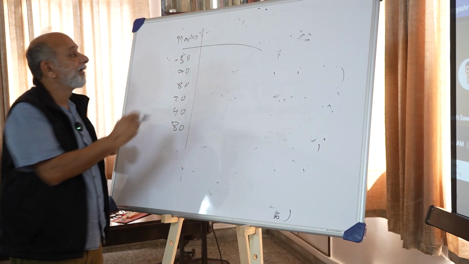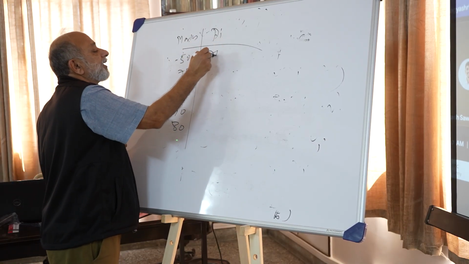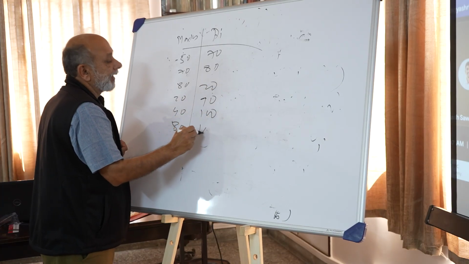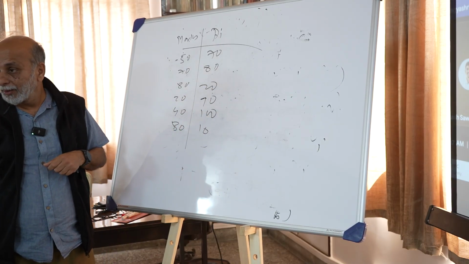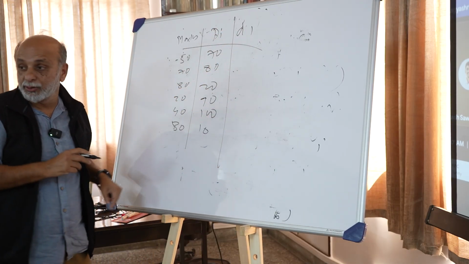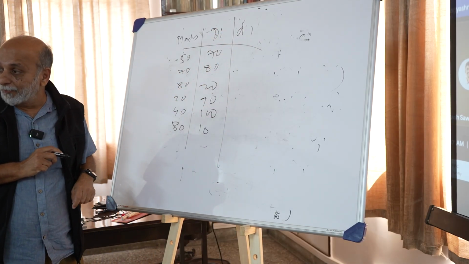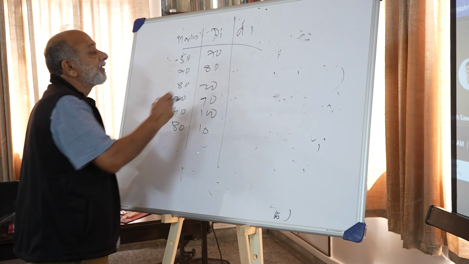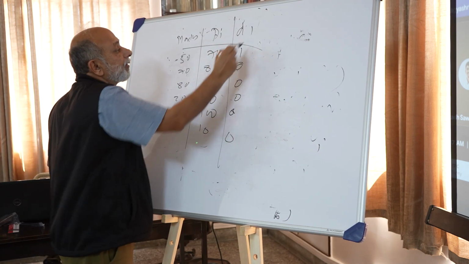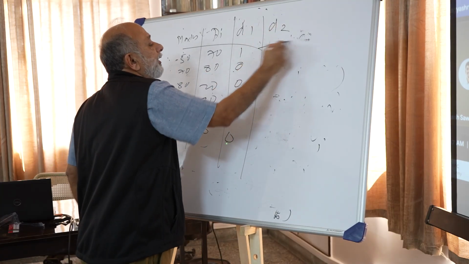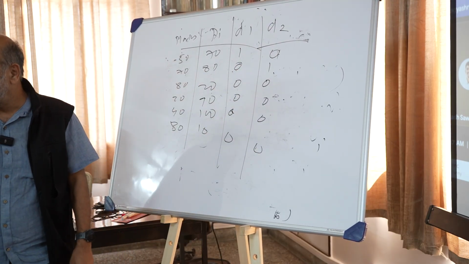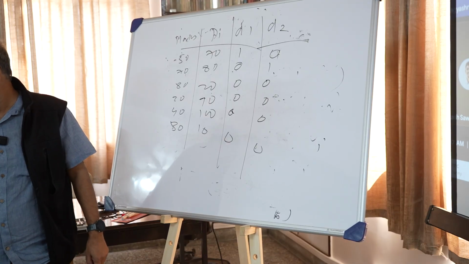Attendance could be, say, 70%, 80%, 20%, 10%, like that. Then I introduce, how many students are there? 6 students. I introduce a dummy variable D1, which is 1, 0, 0, 0, 0, 0. Then I introduce a variable called D2, which is 0, 1, 0, 0, 0, 0, like that.